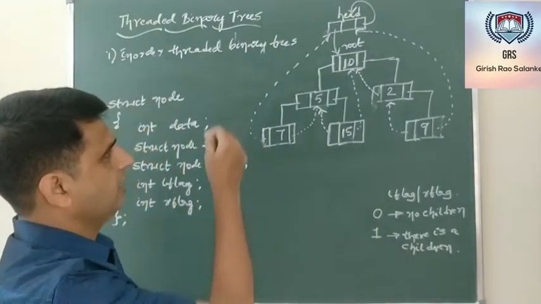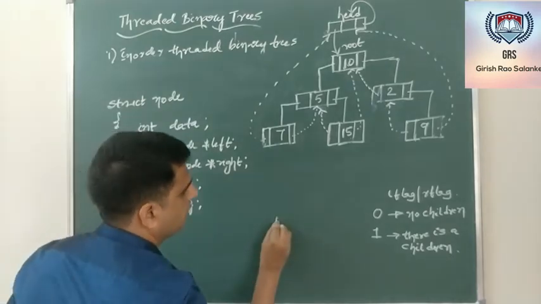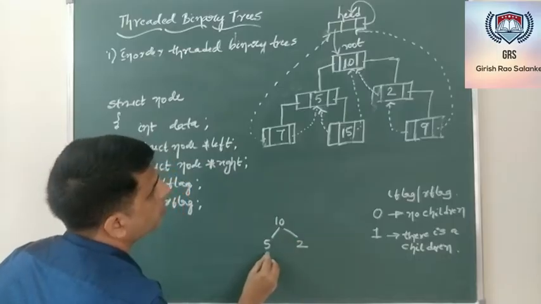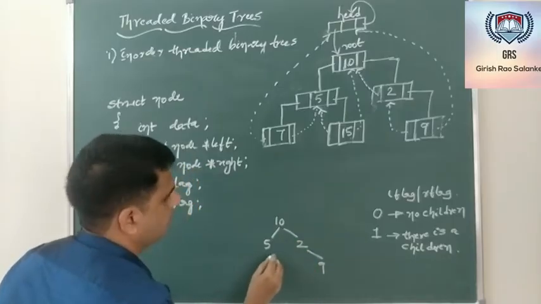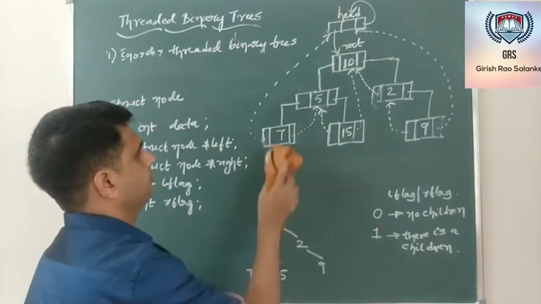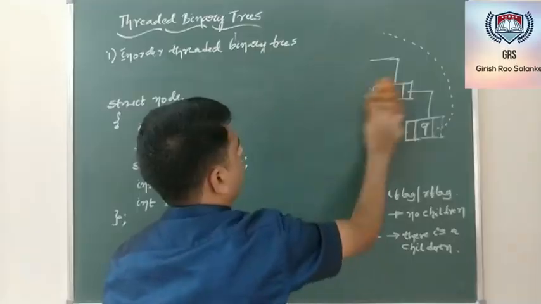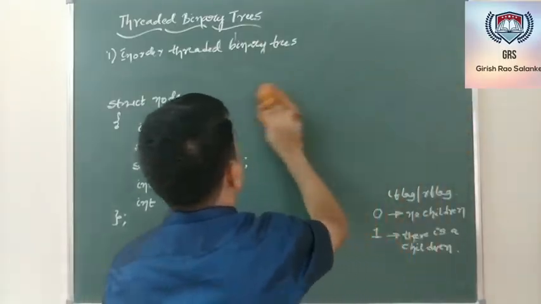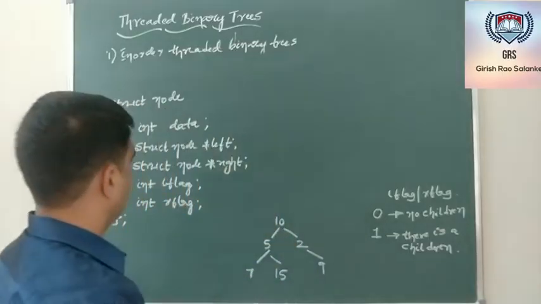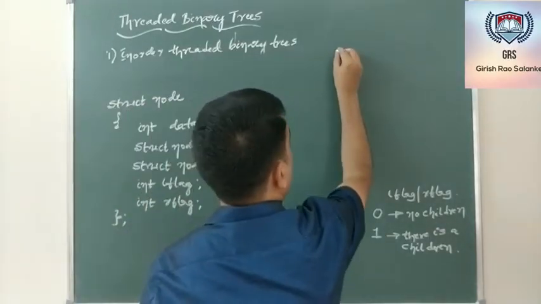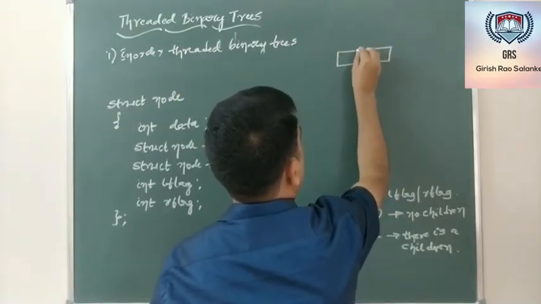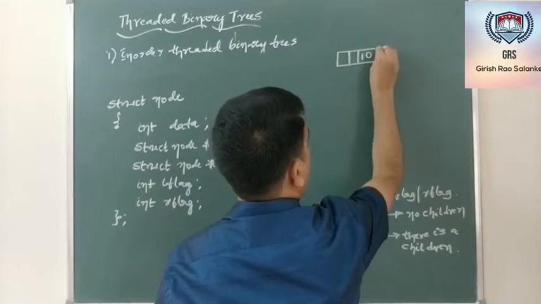So what we'll do, I'll consider this: 10, 5, 2, 9, 7, 15. First is 10, with its left address and right address.